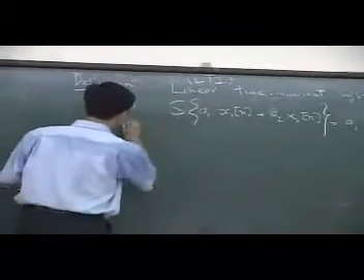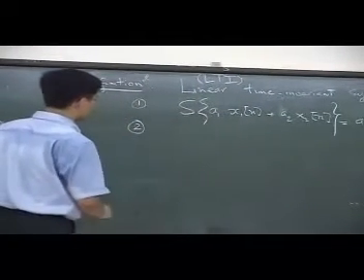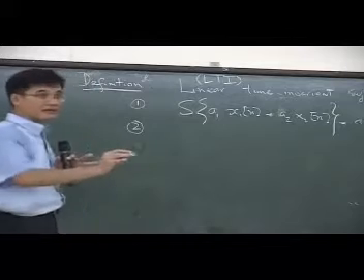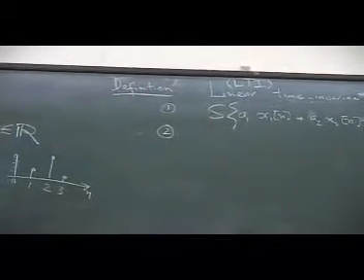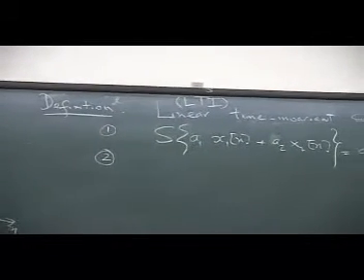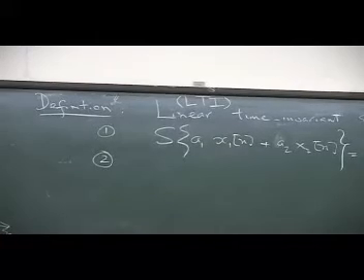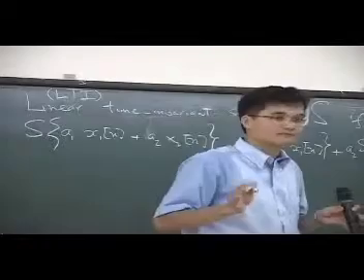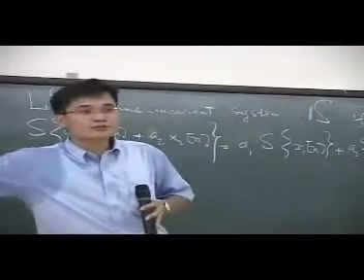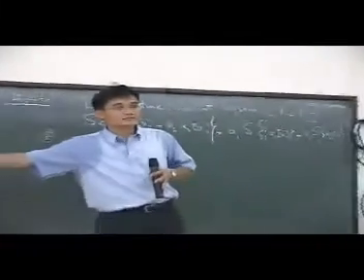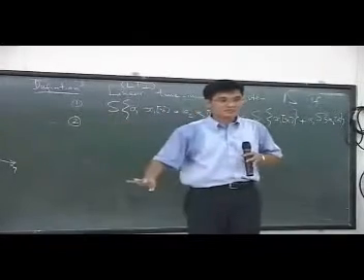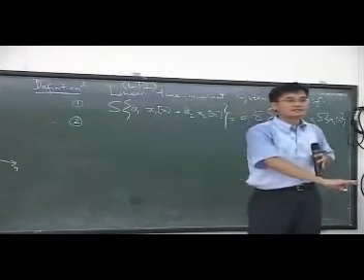The second property you have to satisfy is time invariance. Simply put, I have a signal that goes through the system, and I have an output. Now I take my input, delay it by some time, and put it through the system. The output is simply delayed.